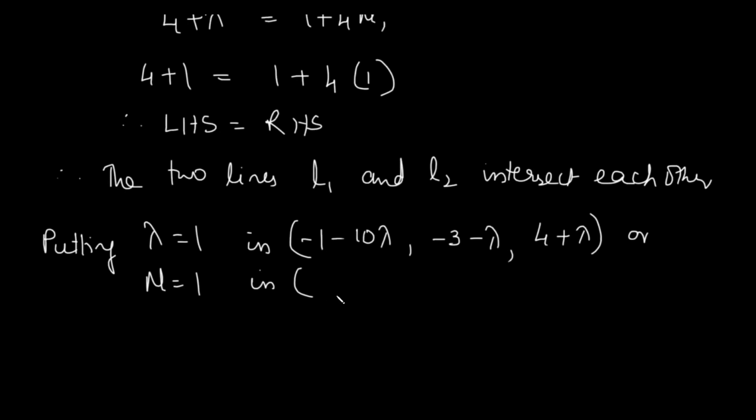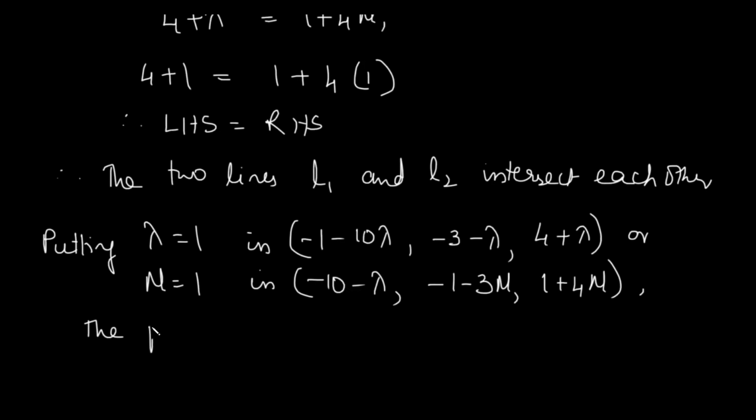In the second set of coordinates, that is minus 10 minus lambda, minus 1 minus 3 mu, and 1 plus 4 mu, we get the point of intersection.